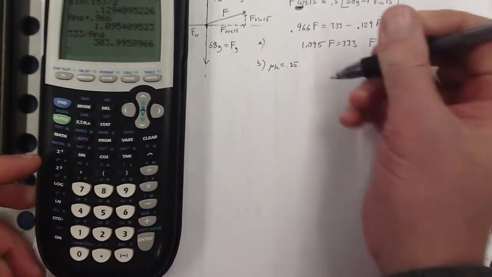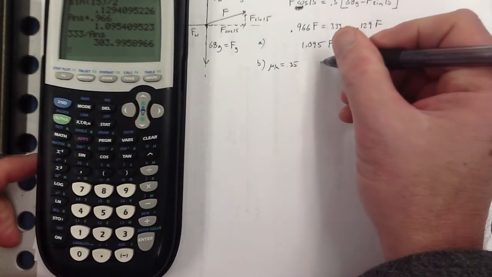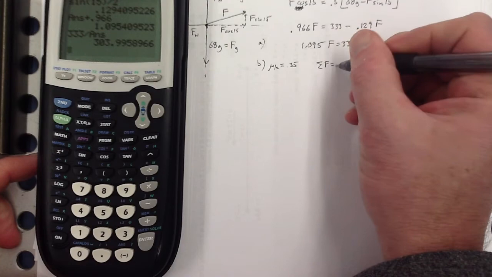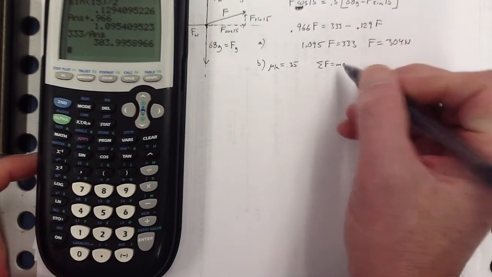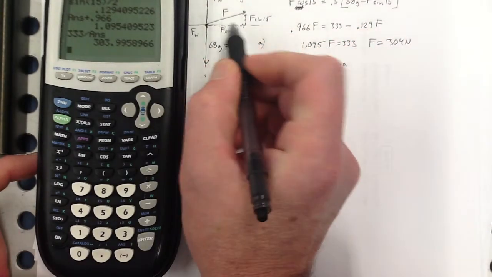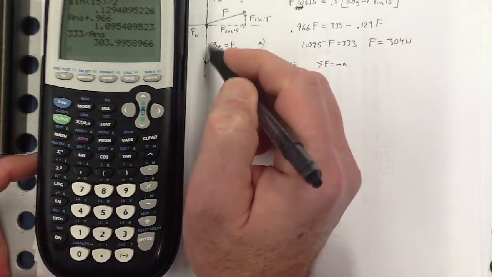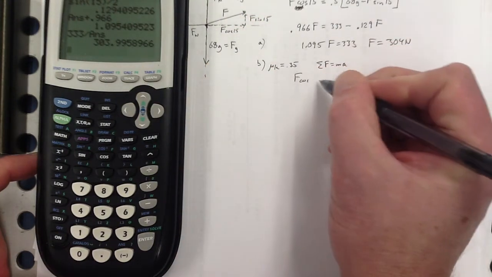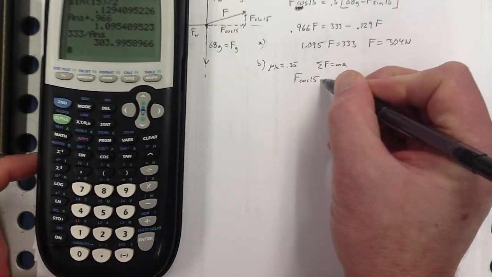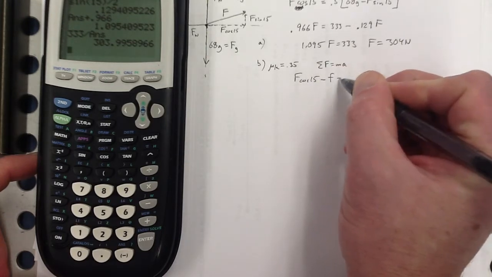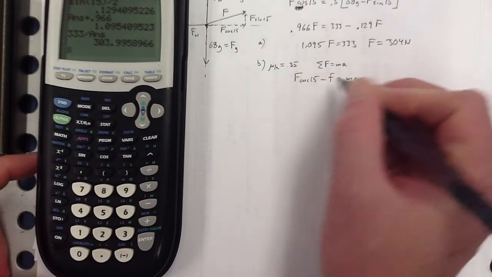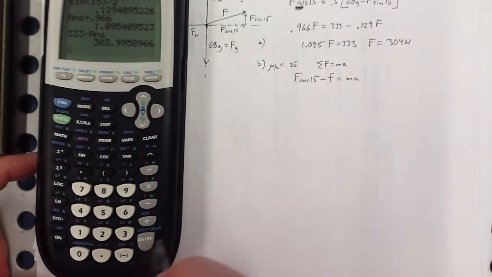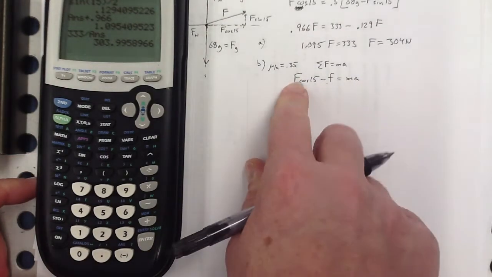So the sum of all forces is equal to mass times acceleration. The sum of all forces, all the vertical stuff cancels out. I have that F cosine 15 minus the force of friction. So I just have a new expression for this. So I know what F is now.